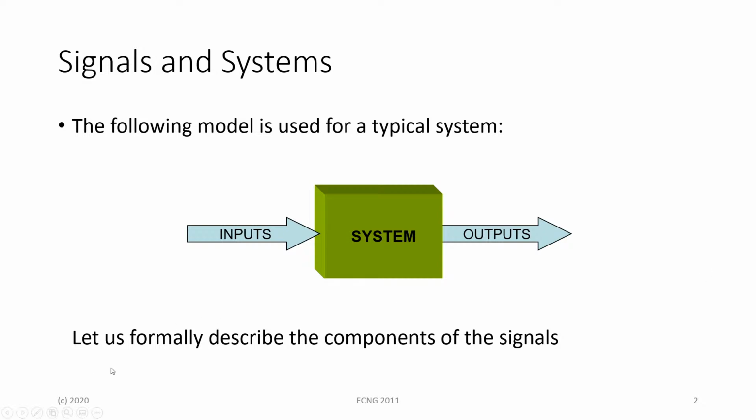The model describes three things: our input signals, our system, which will process these input signals in some form or fashion, and our output signals, which will be the result of this processing of the input signal via the system to obtain our required output signal.